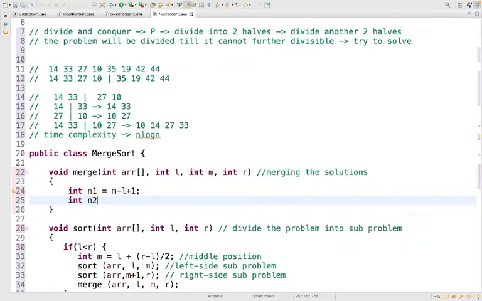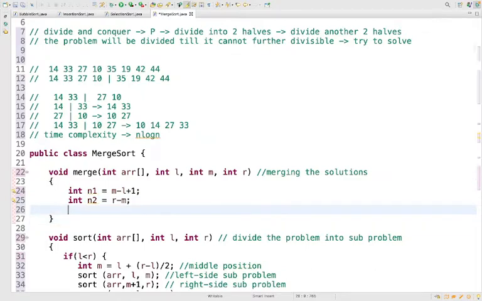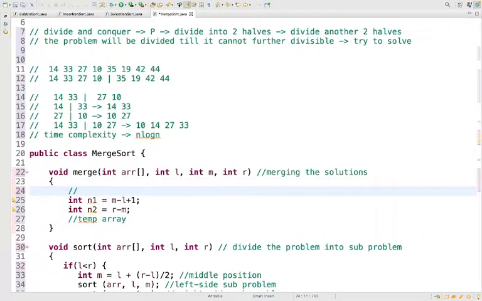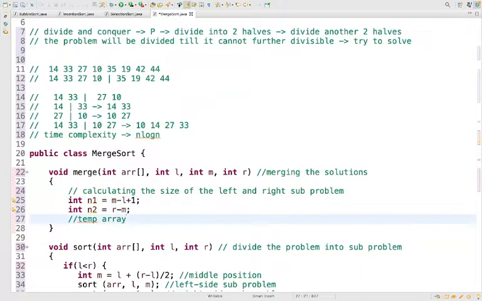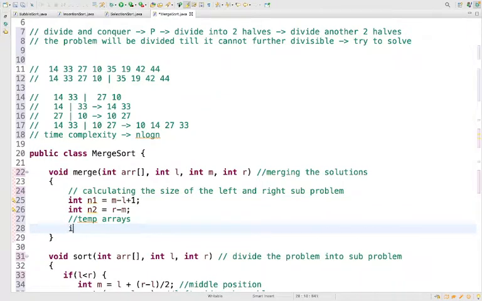This is for the left, and n2 will be R minus M. So this is the size of the array of the left subproblem and right subproblem, and then we're going to define some temp arrays here, after calculating the size of the left and right subproblems.